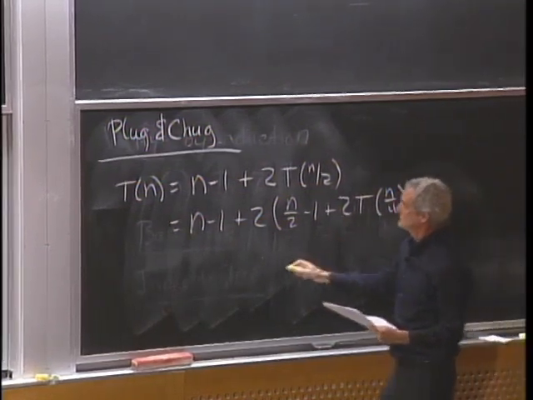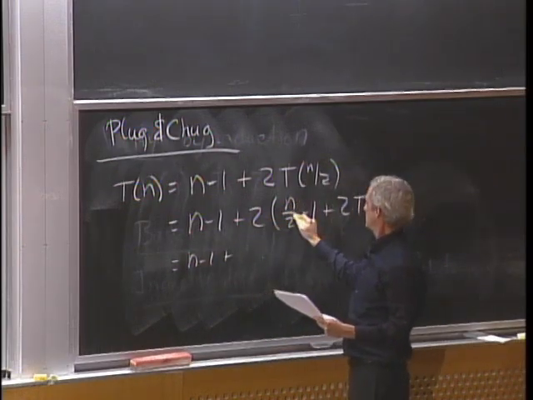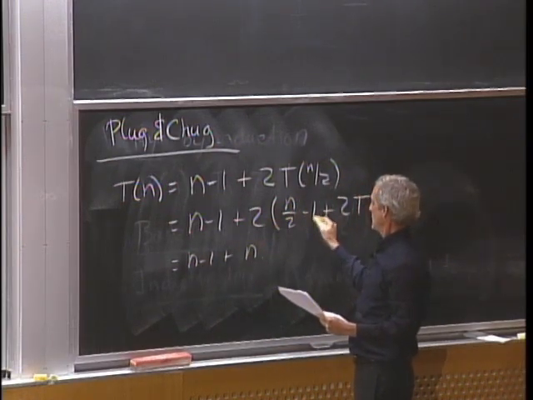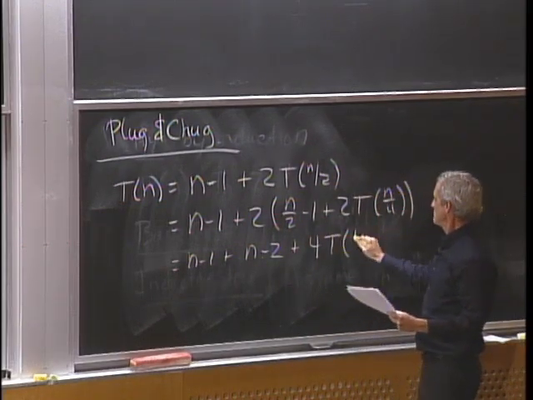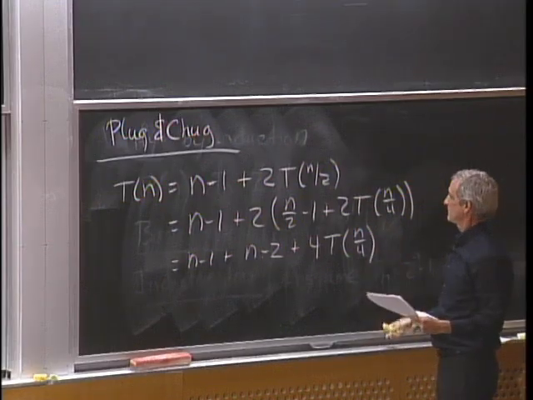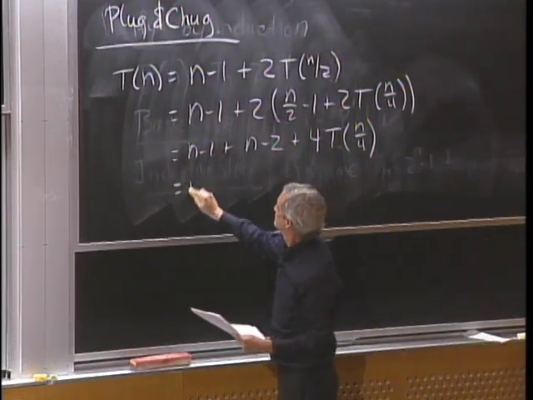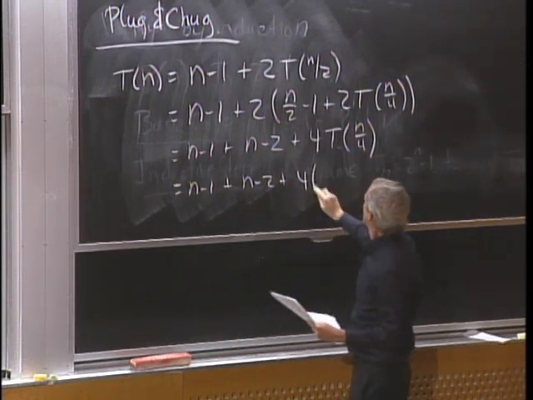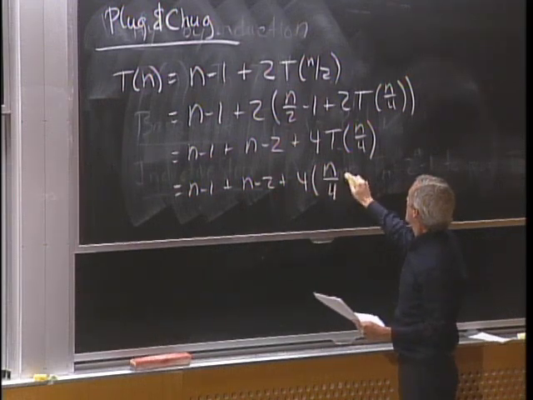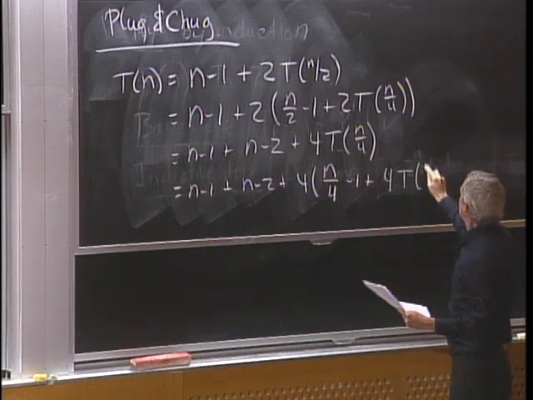Then I chug: n minus 1 plus n minus 2 plus 4T(n/4). Then we plug in here, and I get n/4 minus 1 plus 4T(n/8).